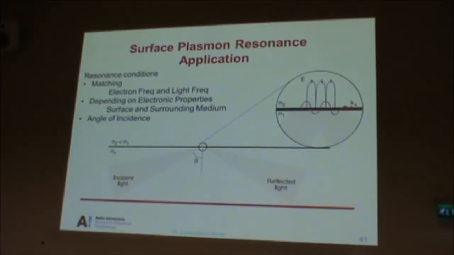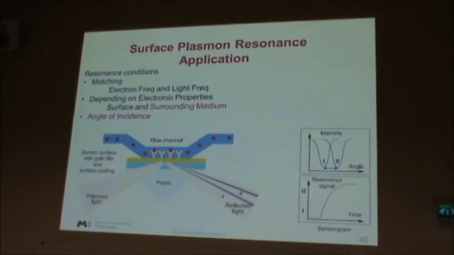Okay, so now let's take an actual setup, how we use the surface plasmon resonance to get some useful information. We set up a polarized light wave that is incident at an angle, and let's say we set it up such that surface plasmon resonance is happening, and that depends on a lot of conditions, as I spoke before, and mainly the surrounding medium. So now you have the surrounding medium and also the angle of incidence.